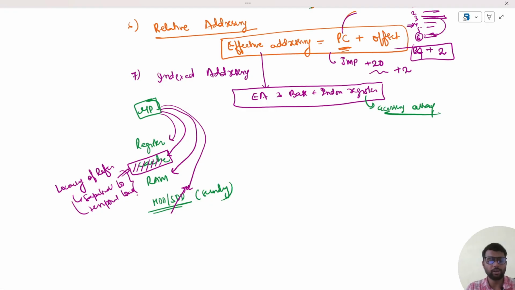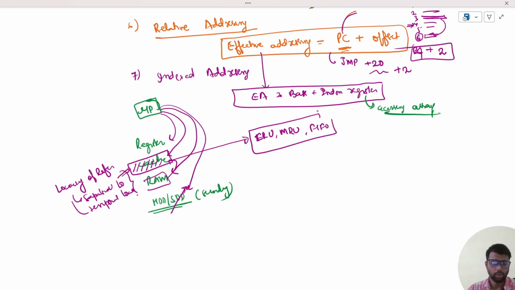These two types of locality of reference are present. If the data is not available in the cache, the data is fetched from the RAM and then put back into the cache. On this we have the cache replacement techniques: least recently used, most recently used, and first in first out.